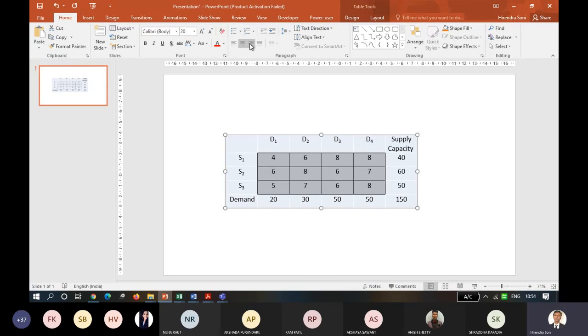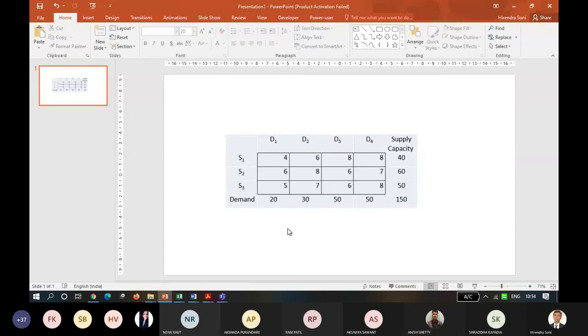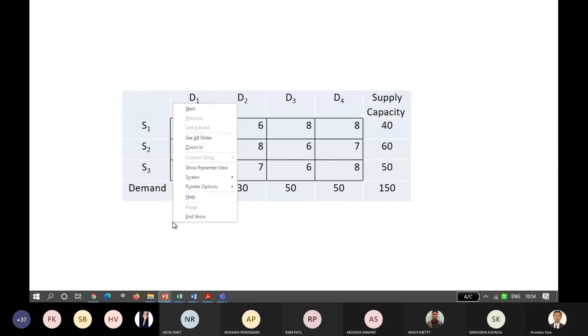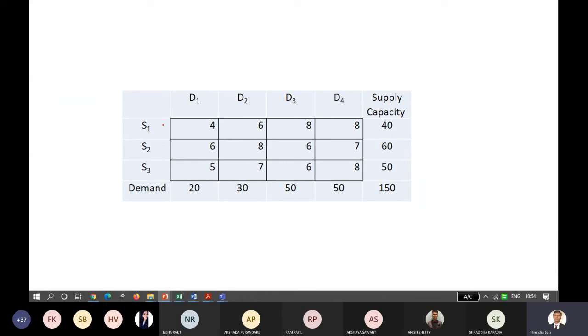Let me put them on the left hand corner. Now, I have got 3 suppliers and 4 demand centers. These demand centers could be, say, your warehouses. It could be your markets where you want to deliver some material. So, let's say my supply center, it can be my plant 1, plant 2, plant 3. Okay, or it can also be my warehouses at different locations.